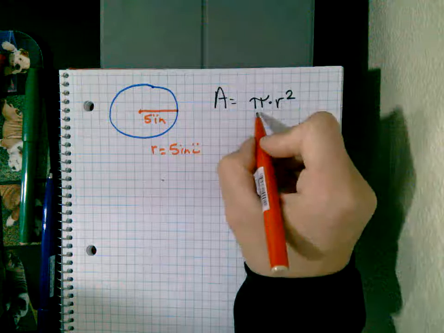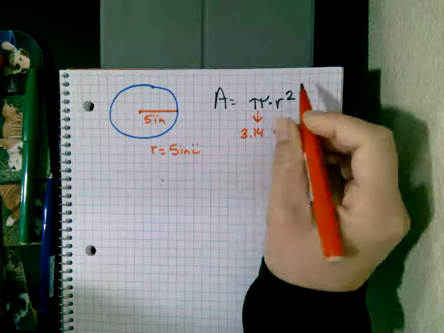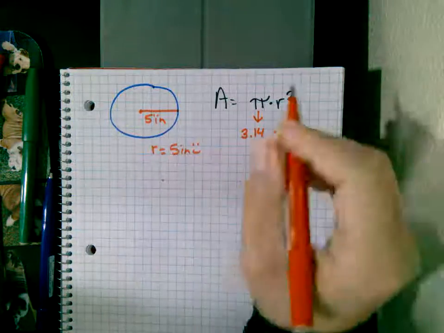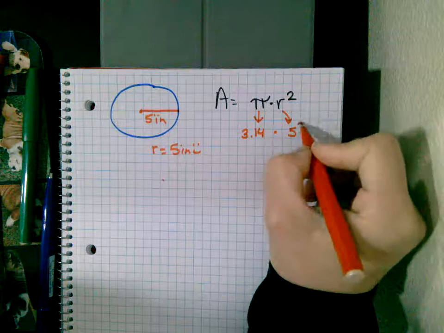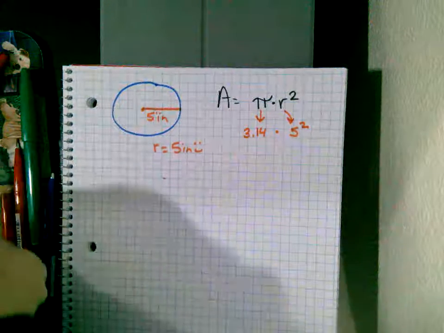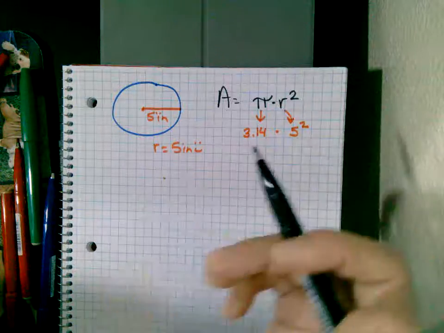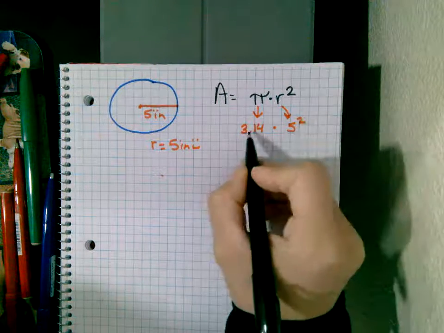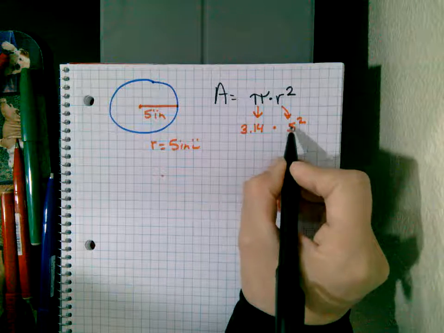So now we're going to plug in our numbers. Pi is 3.14 times radius. What is radius? Radius is this line, and it measures 5. Cool. I'm going to plug it in, 5. And then I have a square on it. Cool. Now we have to do it in this order. If you don't do it in this order, you get the wrong answer. So be careful. First thing you have to do is the square part. Do not multiply 3.14 times 5. No. You've got to do this first.